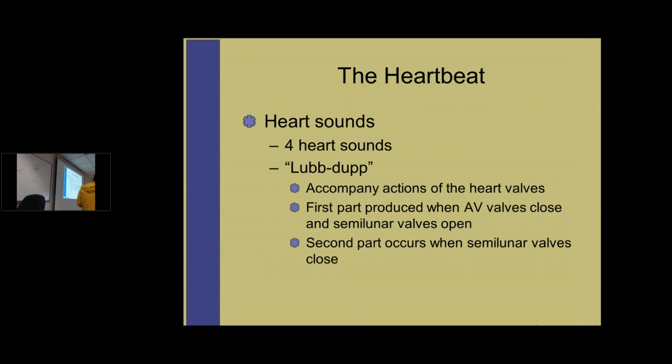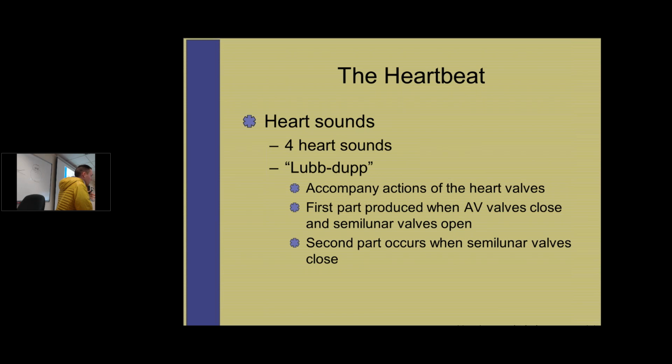So let's talk about the heart sounds when you're listening to somebody's heart. What's the first sound? Where's it coming from? Right, that's the AV valve. After the atrium has already contracted and pushed blood down into the ventricle, that AV valve snaps shut. That's that first sound.